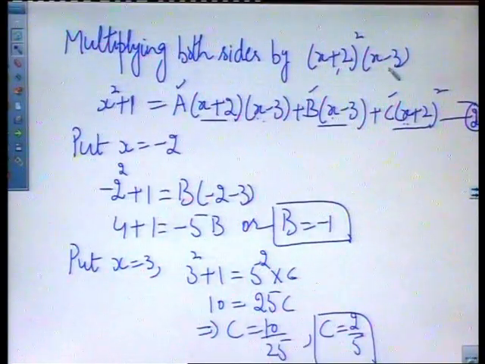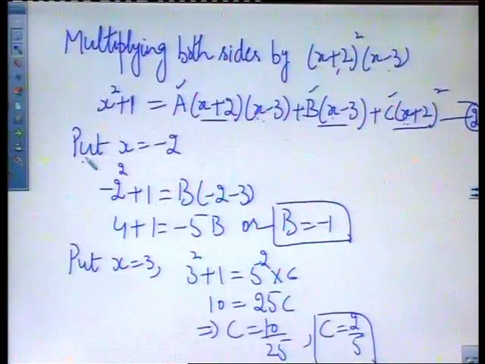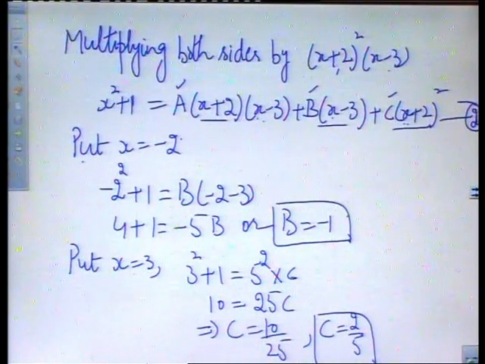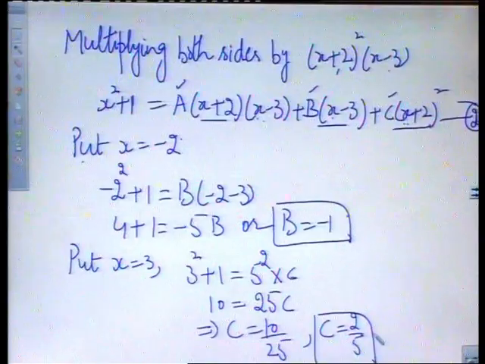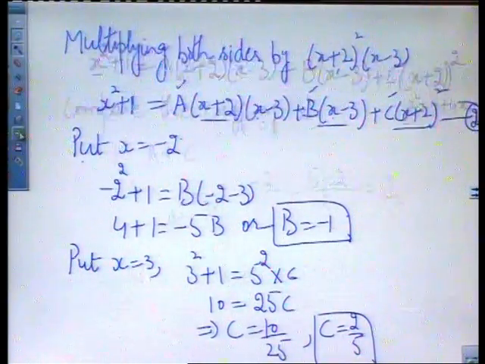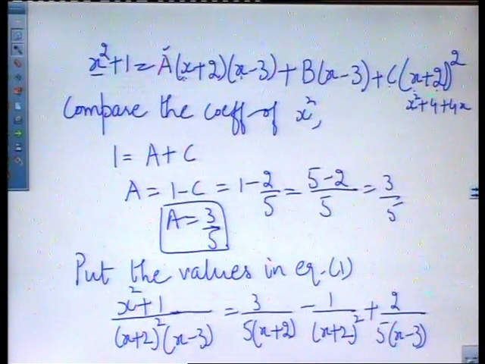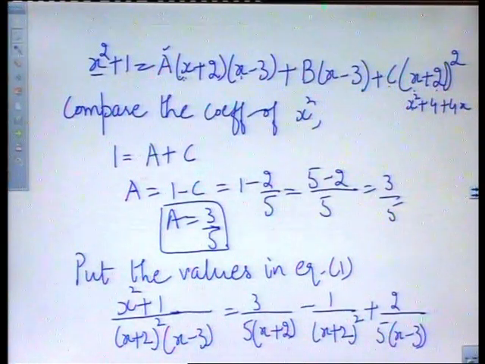After multiplying, in order to find the values of a, b and c, first we put x equal to minus 2, and we get the value of b as minus 1. When we put x equal to 3, we get the value of c as 2 by 5. In the next step, we compared the coefficient of x square, and we got the value of a as 3 by 5. After finding all the values, we substitute these values in equation number 1 and we got the result.